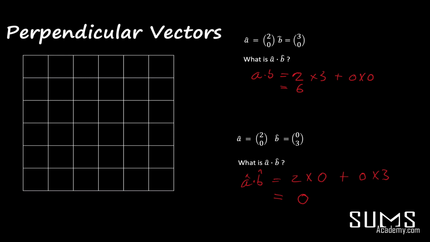Well, if we actually draw out these vectors, it becomes a little bit clearer. So I'm going to draw this first vector A, which has a distance of 2 in the x direction. Then I'm going to draw vector B, which has a distance of 3 in the y direction. So what is going on here?